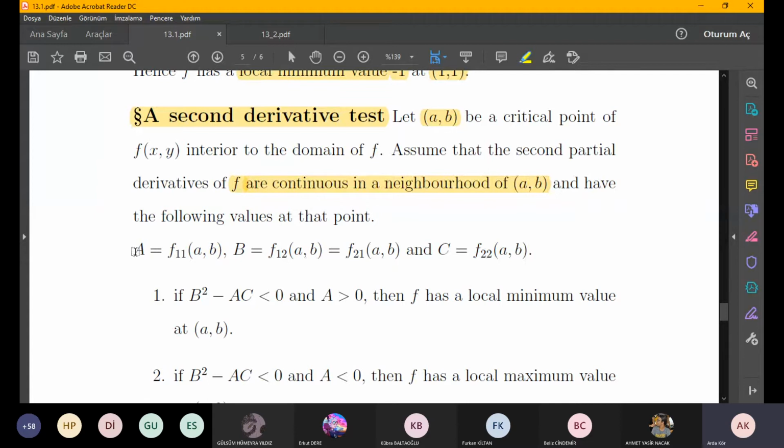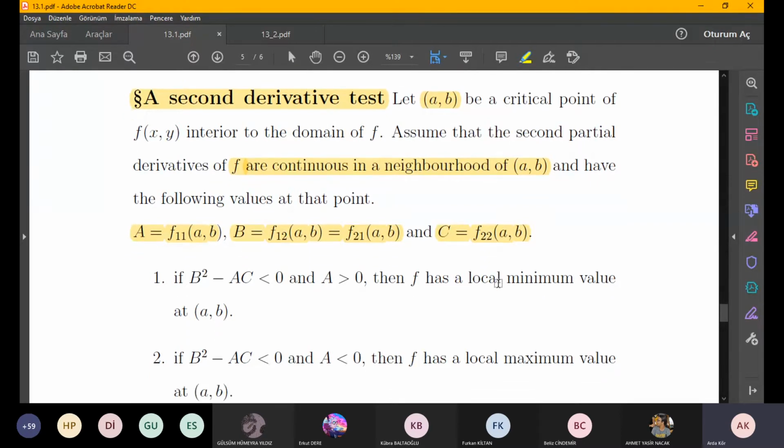We call A the second derivative of f with respect to x at (a, b), B the mixed second derivative, f12(a, b) and also f21(a, b), and C equal to f22(a, b), the second derivative of f with respect to y at (a, b).